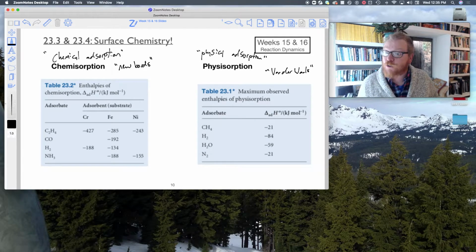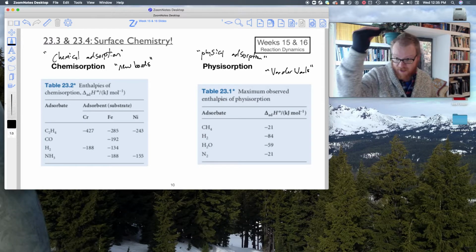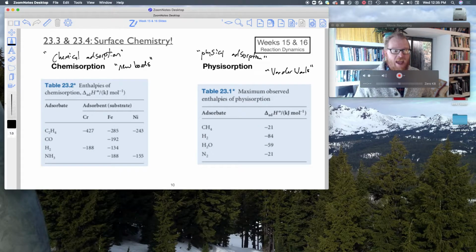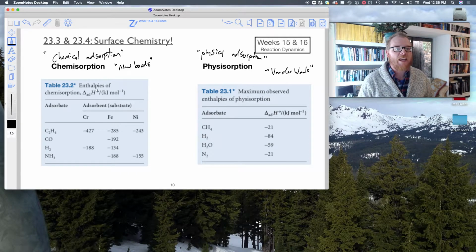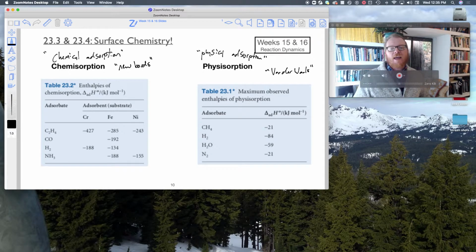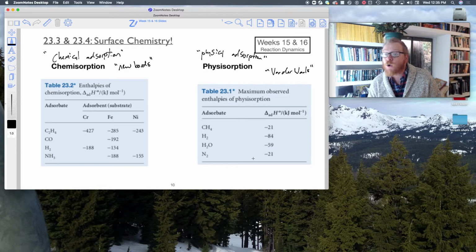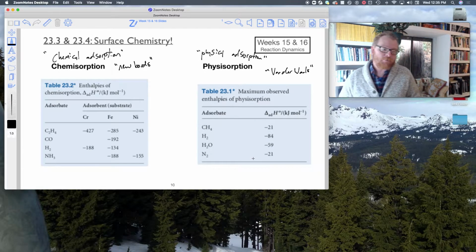And because there's the creation of this new bond, it can be very difficult to reverse that and desorb the atom. And that's observed in the delta H of adsorption, so the enthalpy of adsorption. That's typically a dead giveaway when something has been chemisorbed versus physisorbed.